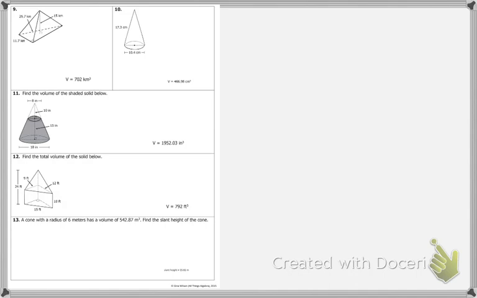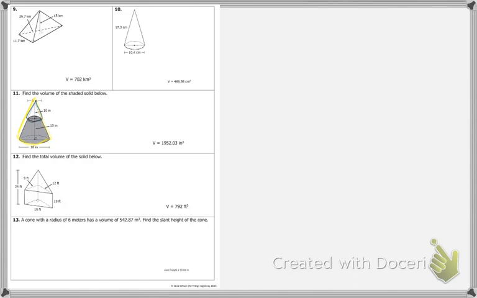Problem 11 is we have to find the volume of that shaded area. That means we have a huge cone that we need to take away just that empty little cone on top. So it's just finding the volume of the big cone, subtracting the volume of the little cone. I'm not sure if I should work all of it out. We have the big cone here, and then we have the little cone here.